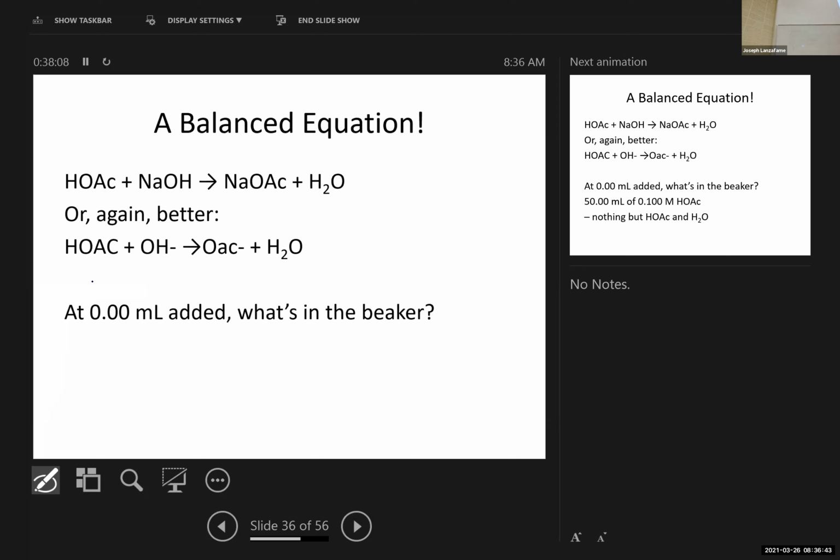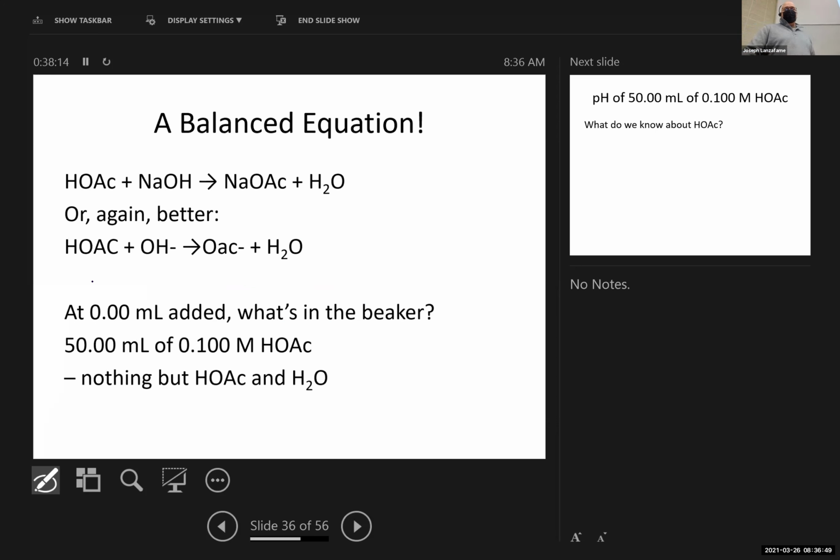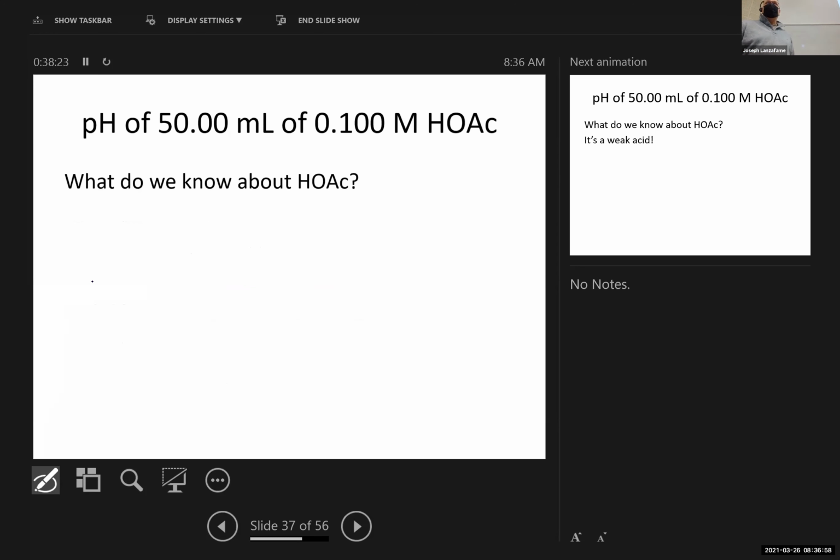Essentially, I'm doing exactly the same thing I was before, except when I do my titrations and there's acetic acid laying around, unlike the HCl, which was strong, the acetic acid is not, so I do have a K equation that needs to be solved.